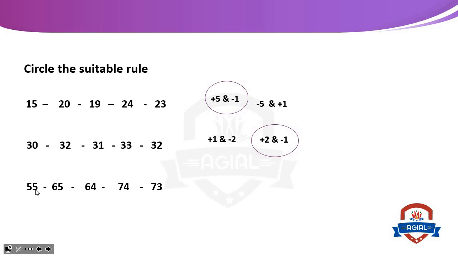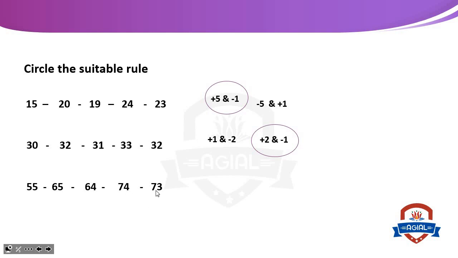Number 3: 55, 65, 64, 74, and 73. To make 55, 65, yes, super, we add 10. So we have positive 10. And to make 65, 64, we subtract 1. 64, to make 64, 74, we add 10.